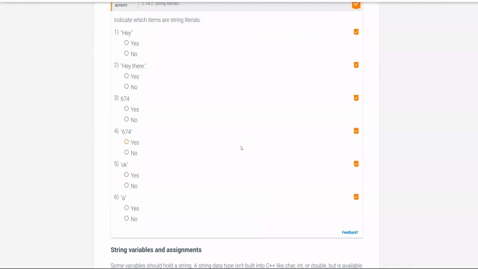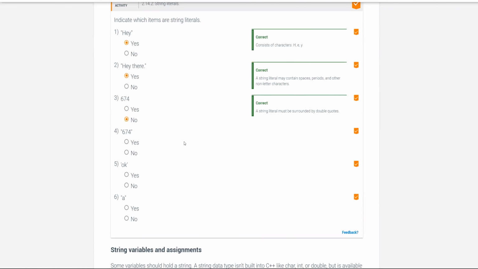A string can have multiple characters, but you have to have double quotes. So in this case, is this a valid one? Yes, it is. And is this a valid one? Yes, it is. It has double quotes. This one is not, because you don't have double quotes, and this is the integer value, so it's not, right? And this one is yes, because you have double quotes and a number.